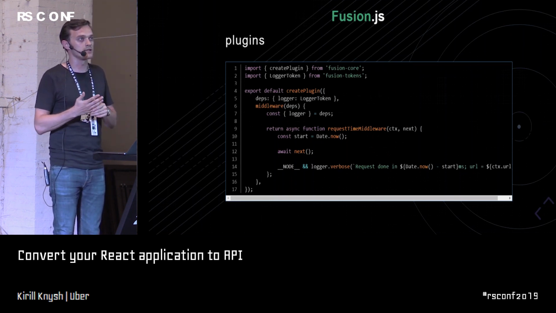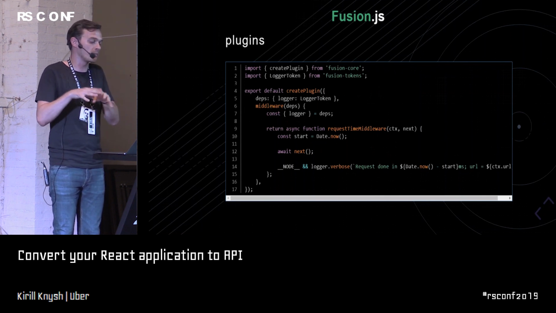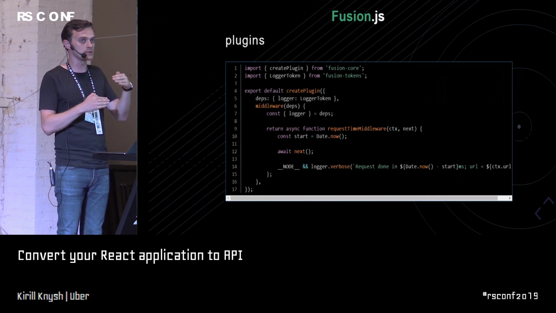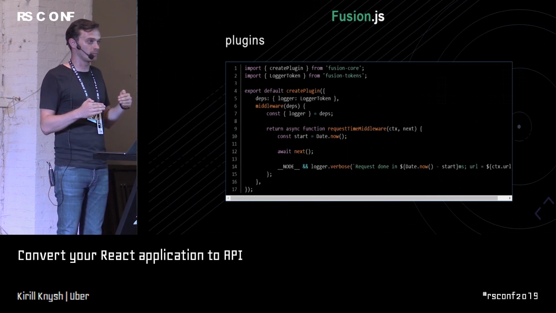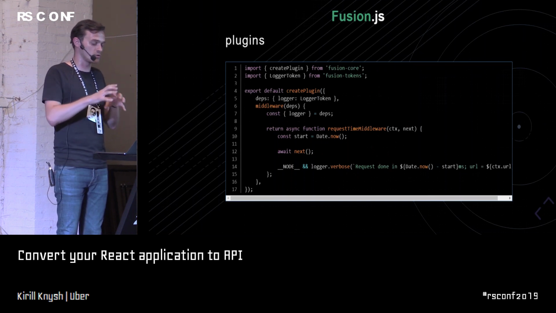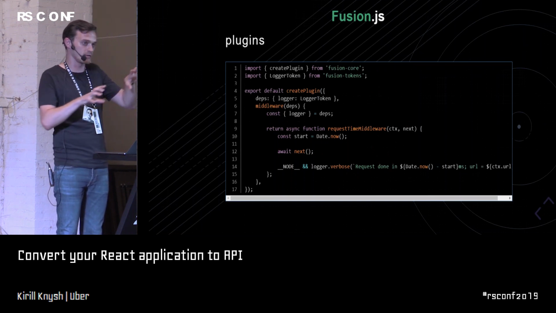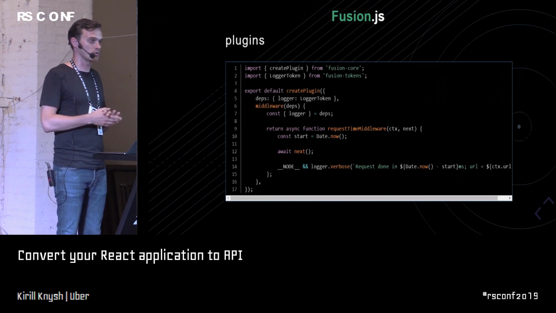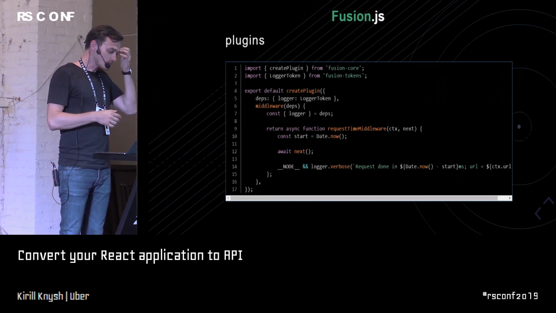This allows us to make the dependencies lazy. We don't really care in which order you register your plugins. Because of the dependencies and how you declare them, Fusion.js will take care of the rest: it will create the dependency tree and run all your plugins in exactly the correct order.